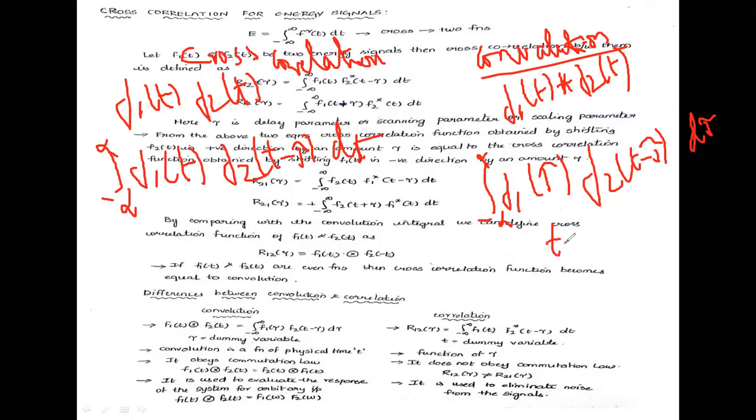Assume t minus tau is p, so t is equal to p plus tau. Tau is a constant, and t and p are variables.